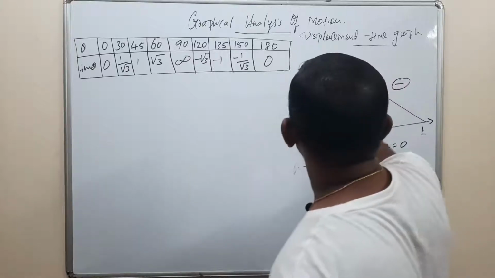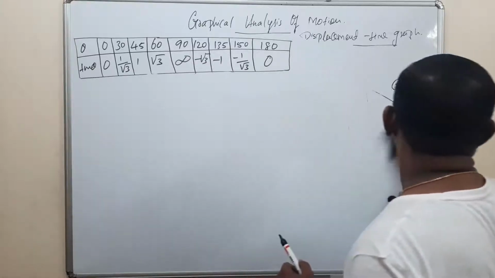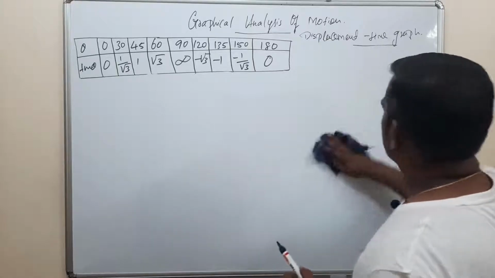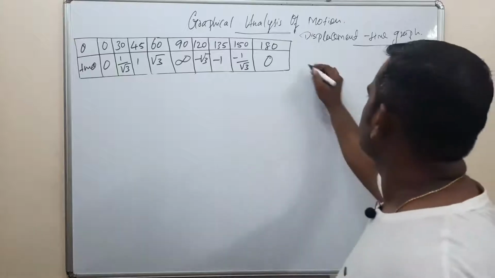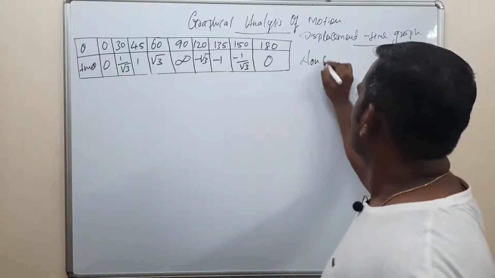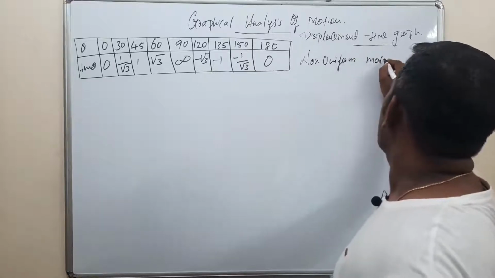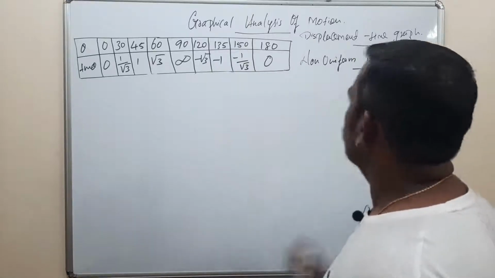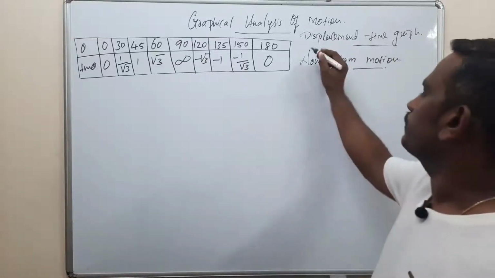So the next case, non-uniform motion. This is case 3, non-uniform motion.